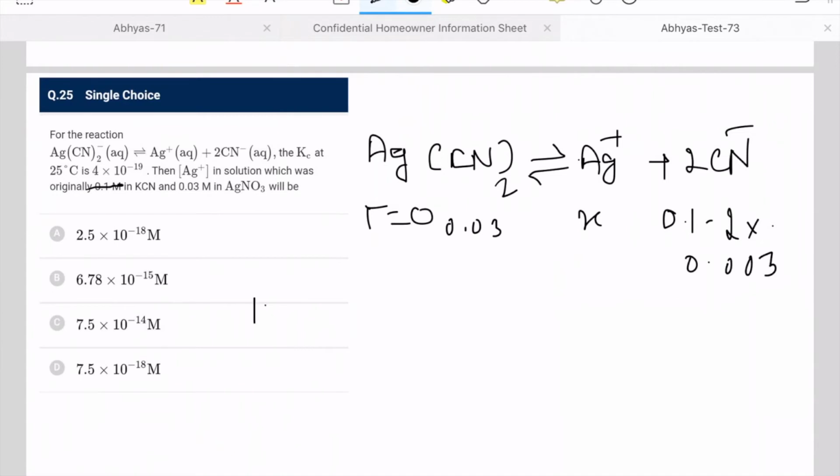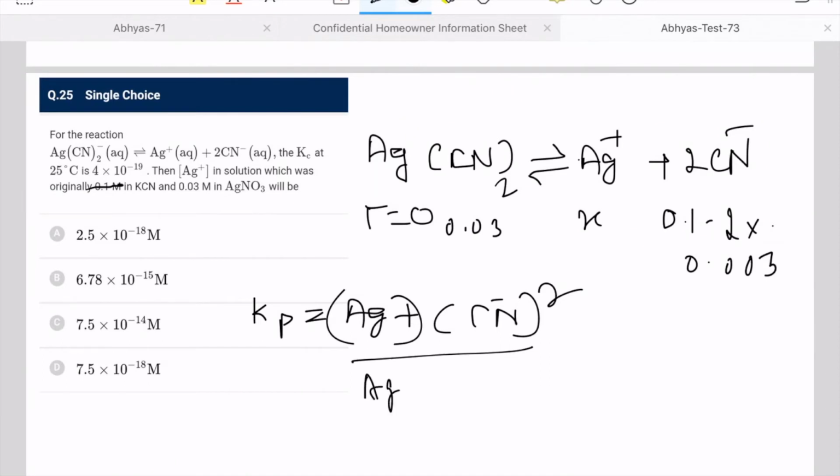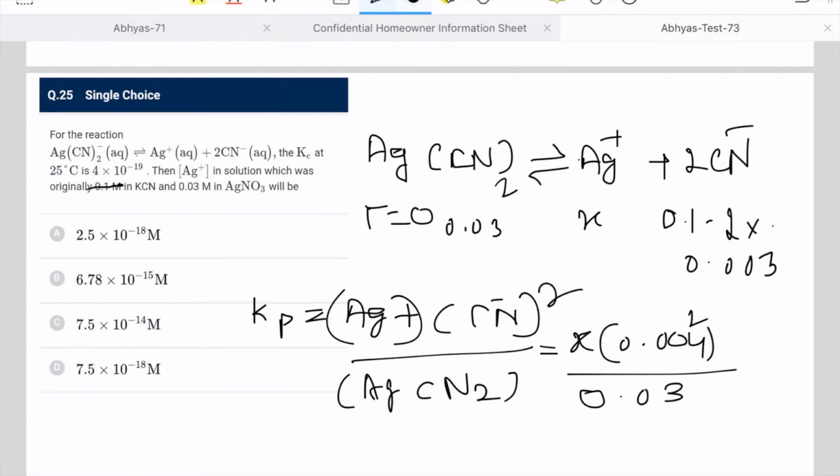So we can write down Kc is equal to Ag+ and CN- squared by Ag(CN)2-, is equal to x into 0.004 squared by 0.03 is equal to 4 into 10 to the power of minus 19.